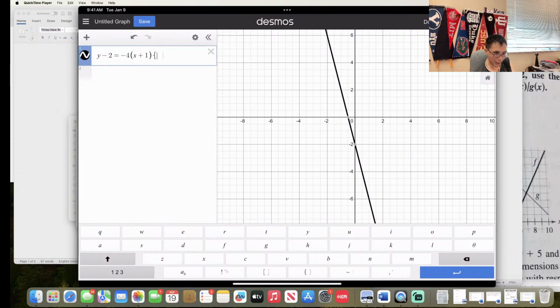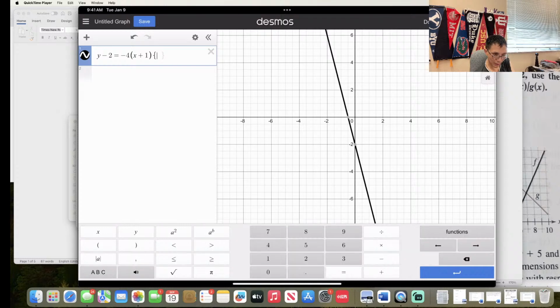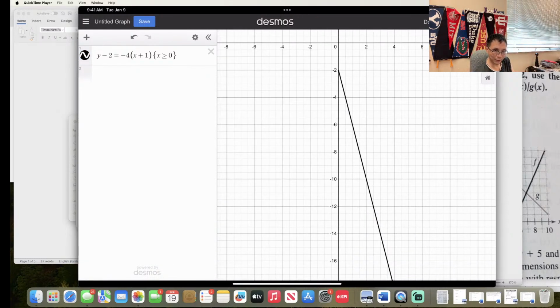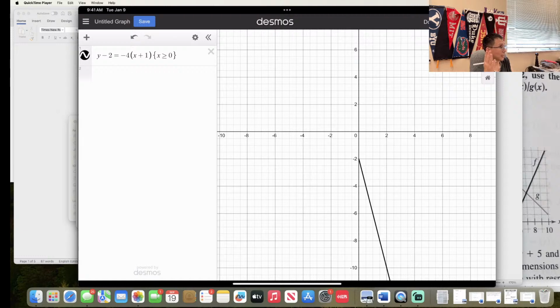So I am gonna say x greater than 0. So you do a brace. Do you see the line of the graph? Only to the right hand side of this graph. It did not graph the whole line. You only graph this. Is this okay? Only graph x greater than 0.